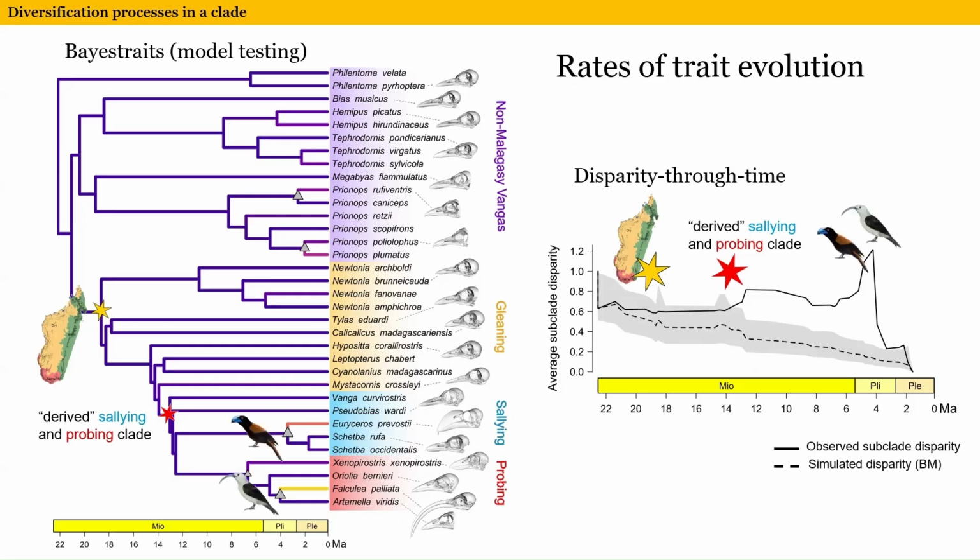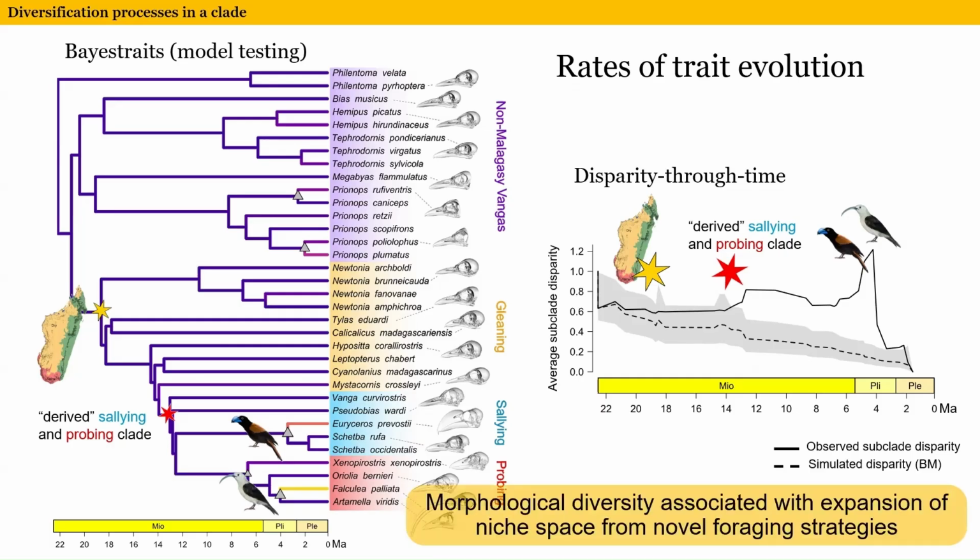And then it really spikes when we have the origin of specifically these two species. So my overall interpretation is that morphological diversification is really associated with this expansion of niche space from the evolution of those novel foraging strategies, and that can take a while. Maybe related to breaking those patterns of integration and modularity, or maybe related to something else, like something that happened in the environment.